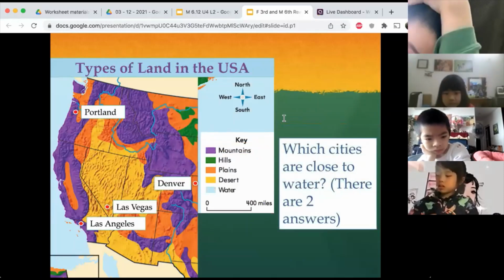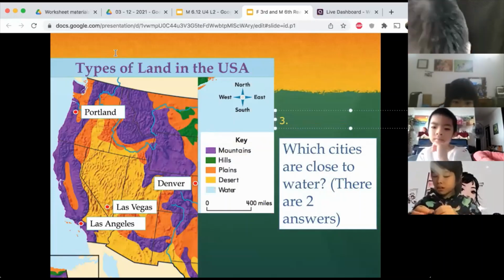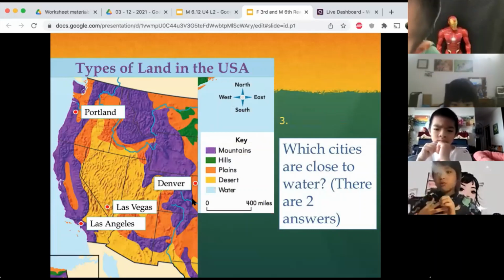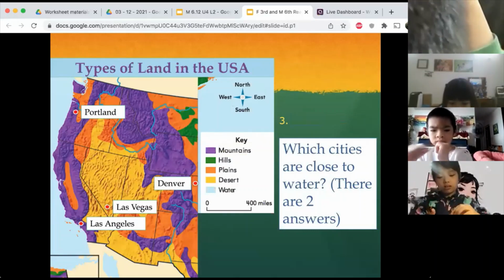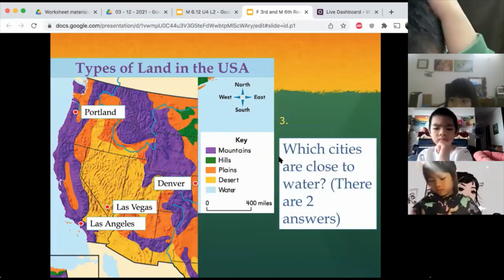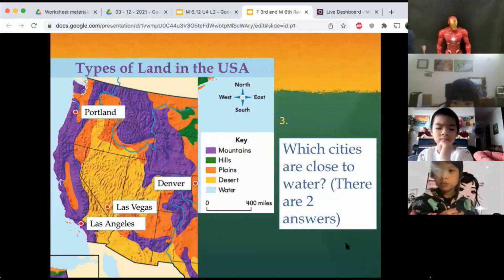Last one, number 3. Which cities are close to the water? There's 2. So which 2 cities are closest to a body of water? Harry, what do you think?